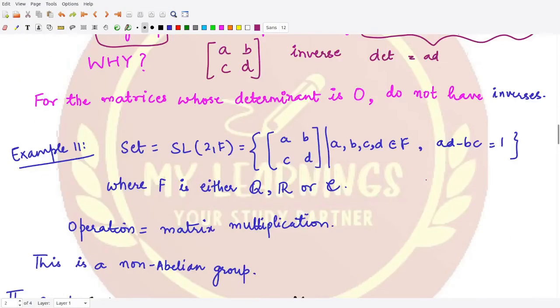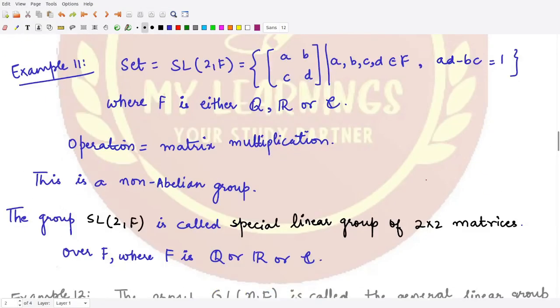Moving further, for the 11th example, now we are constructing another set. It also consists of 2 cross 2 matrices where A, B, C and D are members of F. Now what could be F? It could be rational numbers, real numbers, or complex numbers.